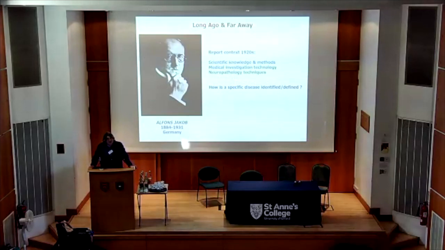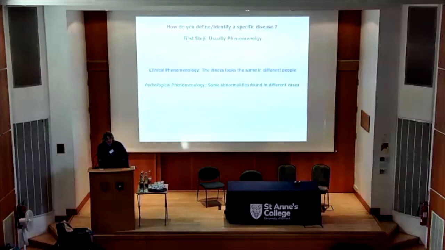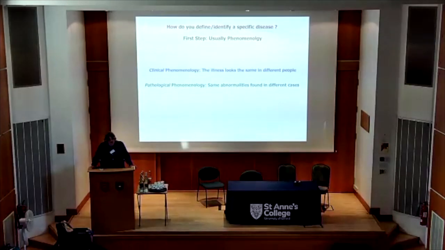This was a long time ago. Scientific knowledge and methods, medical investigations, neuropathology techniques were really very different from what they are now. And it does raise the question as to how someone identifies a new disease or specifically decides that a disease is a particular entity. The first step is usually what posh people call phenomenology.